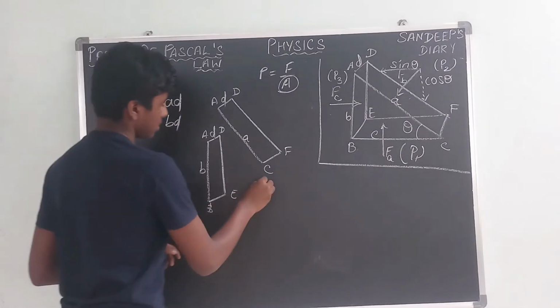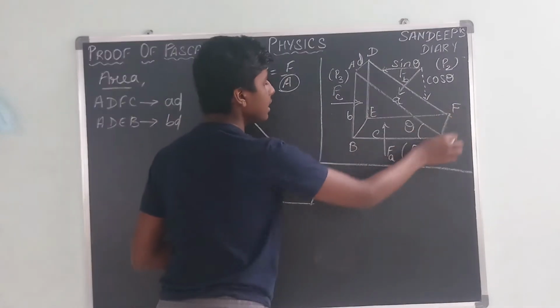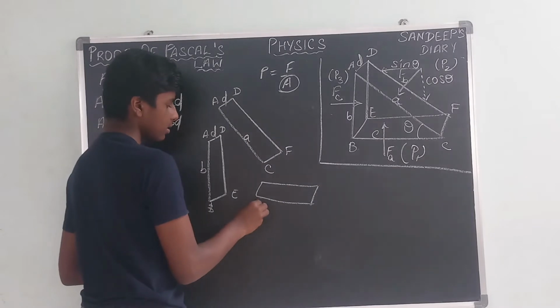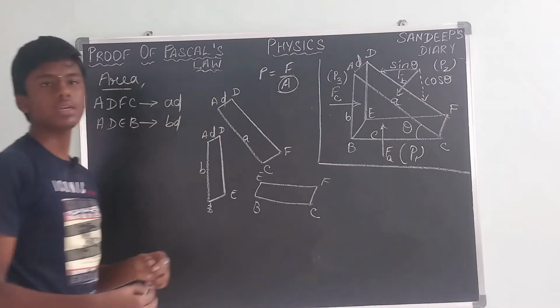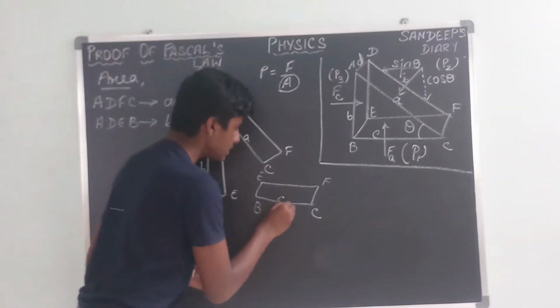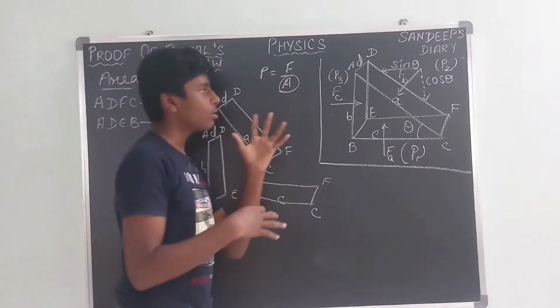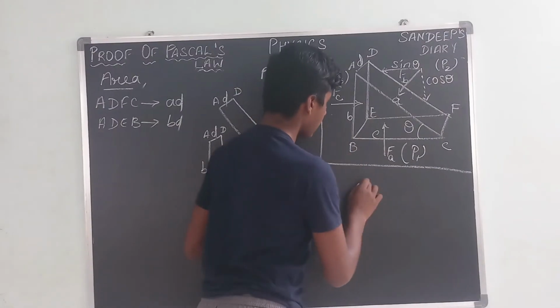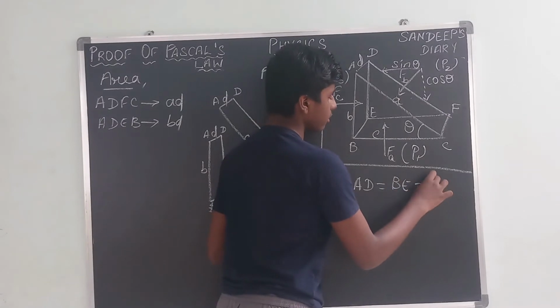Next, I am going to consider BEFC. In this BEFC, here you can see C and on the other sides you cannot see anything. But when you look at the diagram, it is evident that AD is equal to BE and BE is equal to FC.